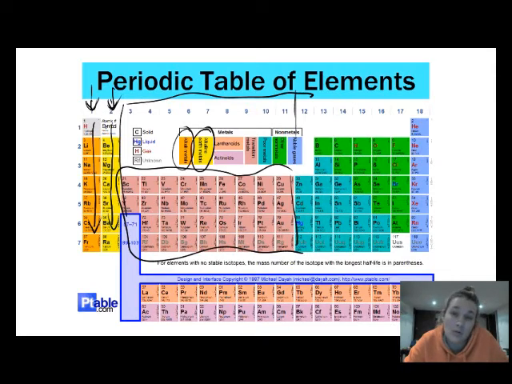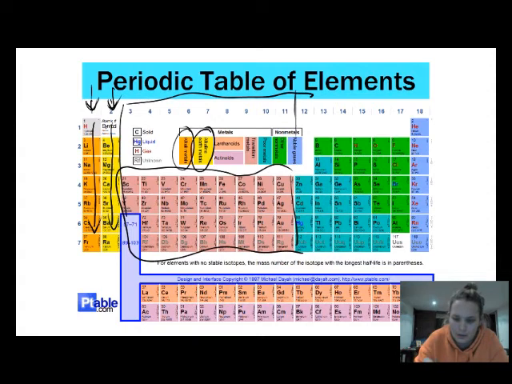So the rest of them are all going to be shiny and silver, which is pretty handy. When they combine with other elements in the periodic table, they make colored compounds. And remember, compounds are when we have 2 or more different elements that are combined together. So that's what a compound is.